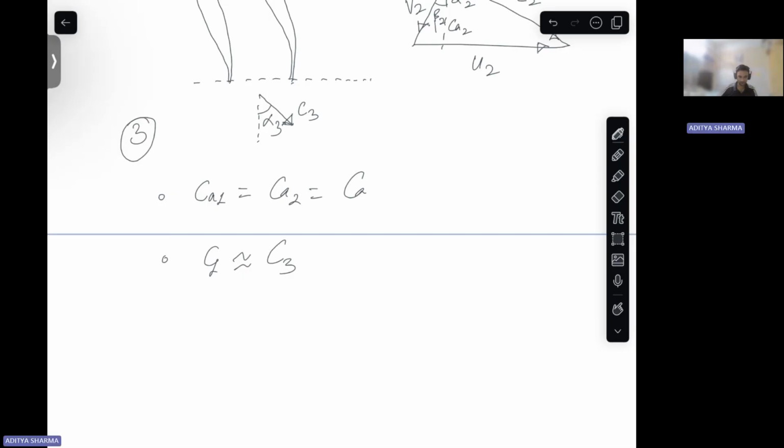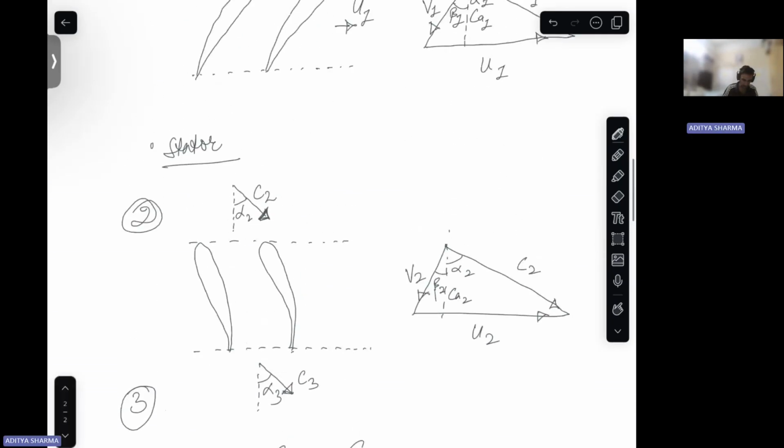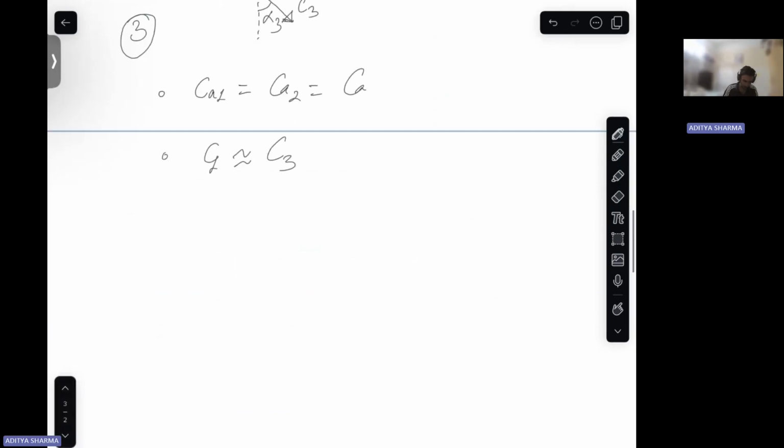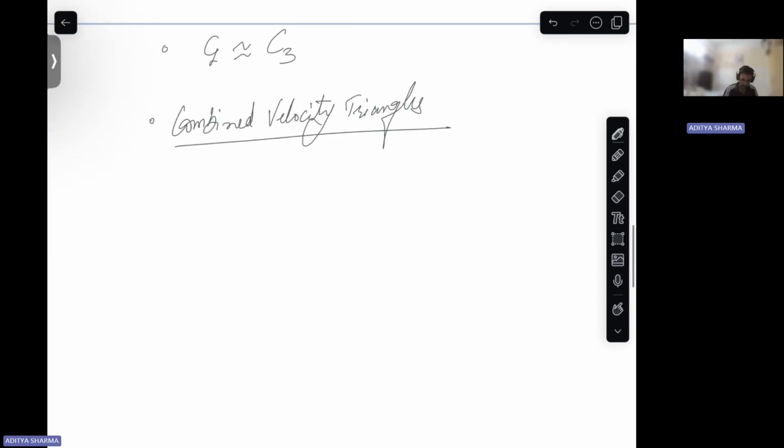So, combined velocity diagram. Let's see. Combined velocity triangles of your rotor and stator.